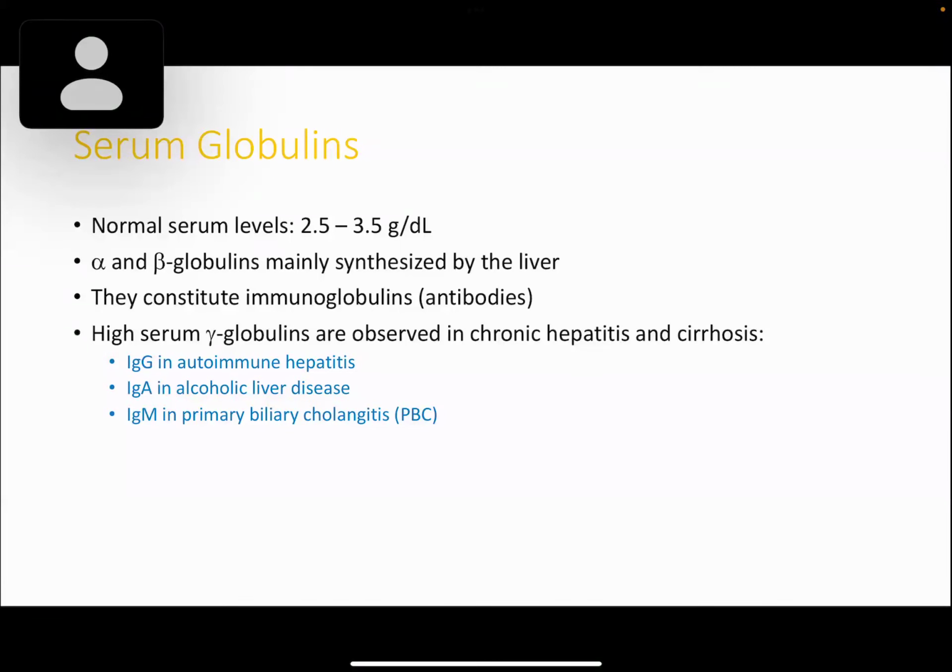Important gamma globulins that can be associated with some liver diseases include IgG. High IgG titer is seen in patients with autoimmune hepatitis, while high IgA is seen among patients with alcoholic liver disease. High IgM is seen in patients with primary biliary cholangitis.